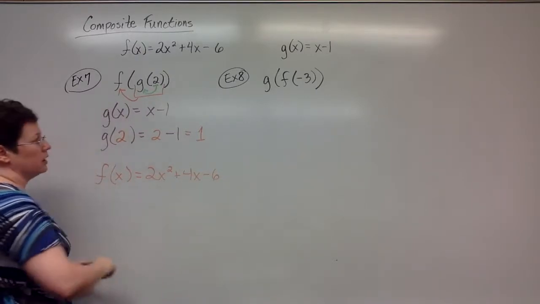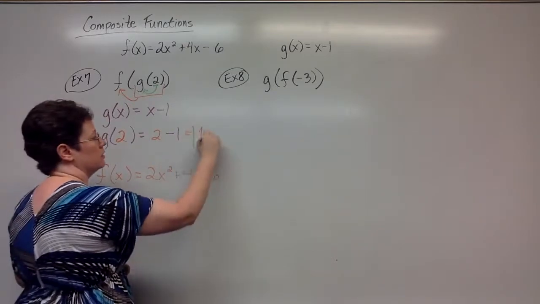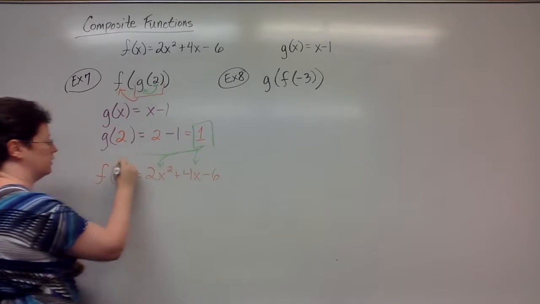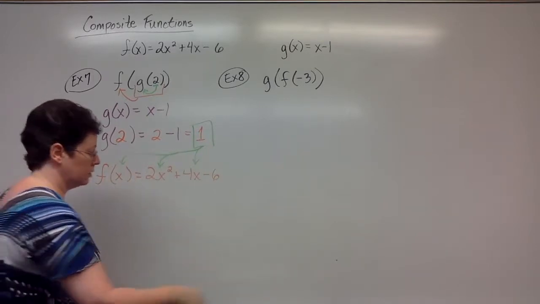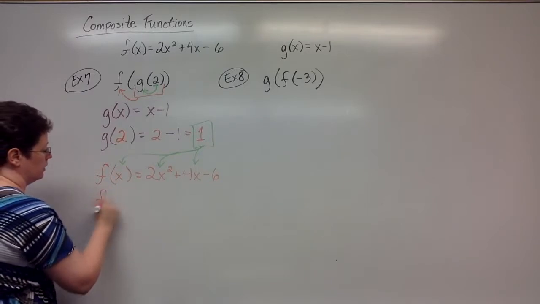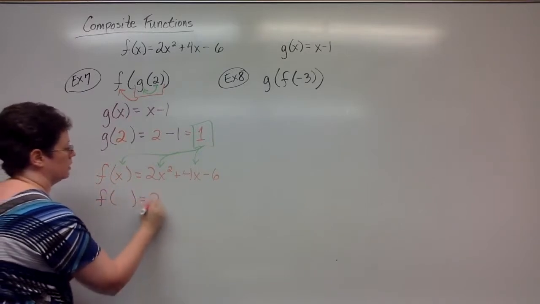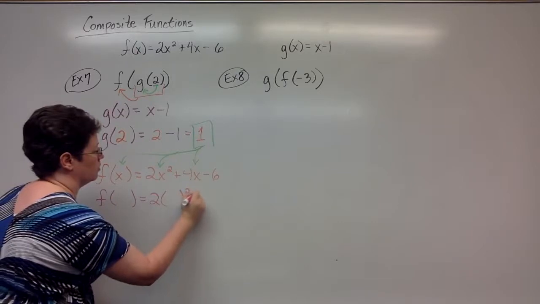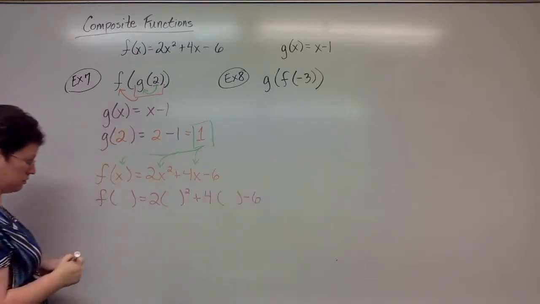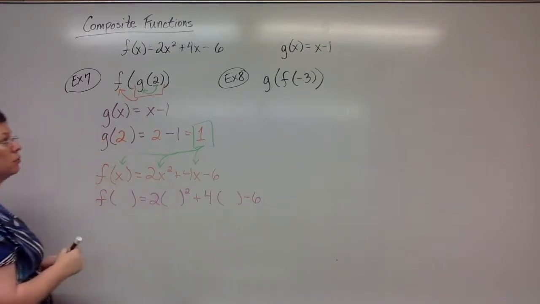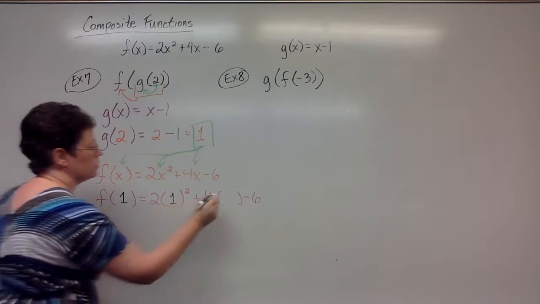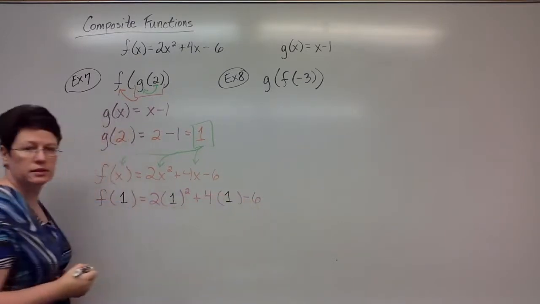And so I need to plug in the 1 everywhere I see the x. Remember, we write in parentheses everywhere you see an x, and now I'm going to plug in my 1. So I have f of 1, 2 times 1 squared plus 4 times 1 minus 6.